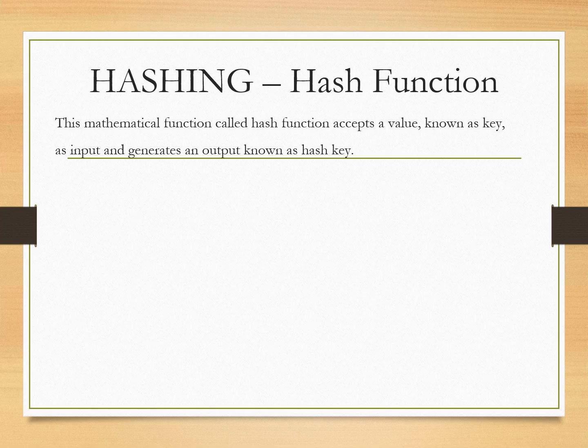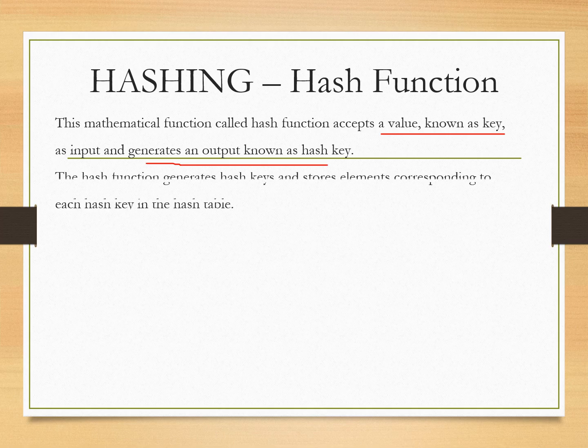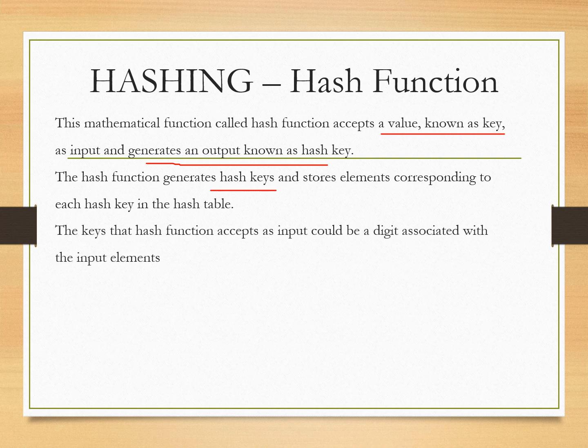Coming to this hash function, as we already seen, this is a mathematical function which will accept a value known as key as input, and it will generate an output known as hash key value. Always this hash function will generate the hash key and store the element corresponding to each hash key in the hash table. The keys that the hash function accepts as input could be digits, input elements, anything.